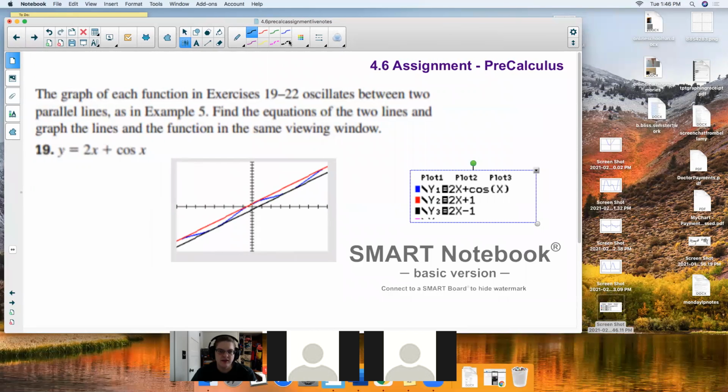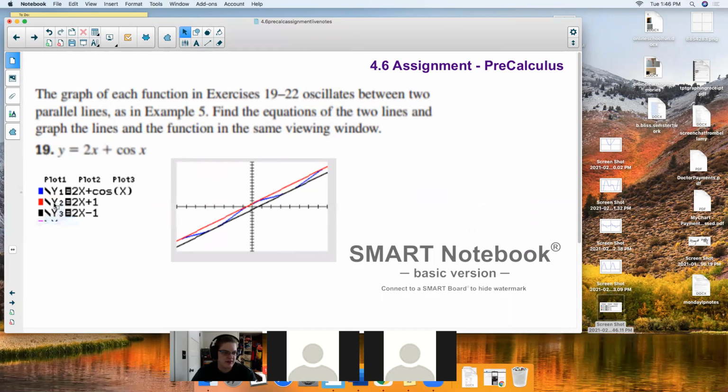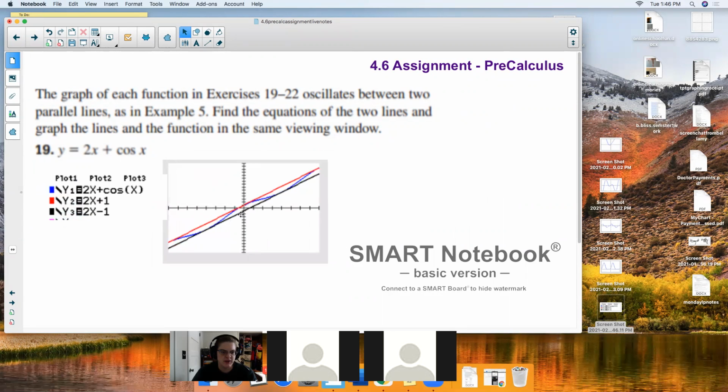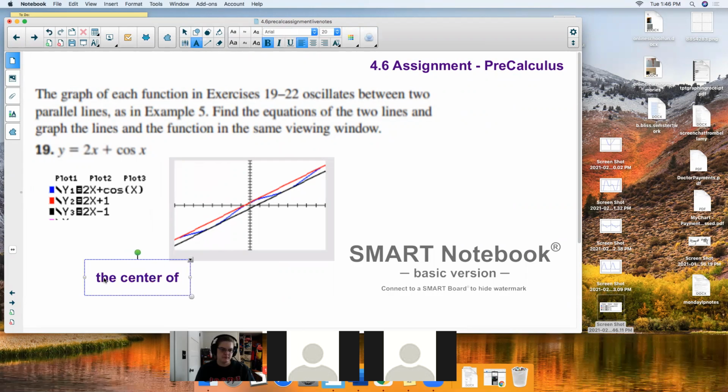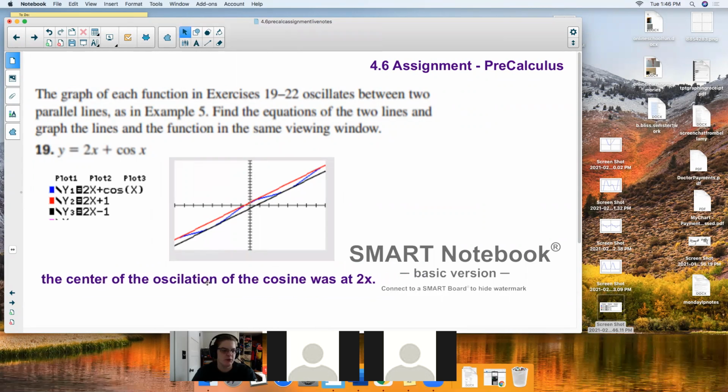All right, and so now we see that all of these equations have to do with this idea. And again, that's because the center of the oscillation of the cosine was at 2x because of the way that the equation is written. So it's good to know.